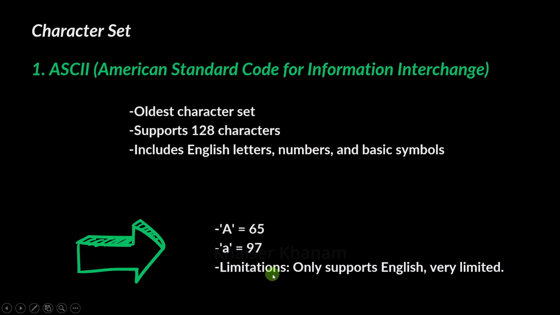But here we have limitations. It only supports the English language, so it is very limited. But in the world we have multiple languages. If you choose the ASCII character set, you will have a lot of limitations, and not every character will have a numeric value. So ASCII is very limited.